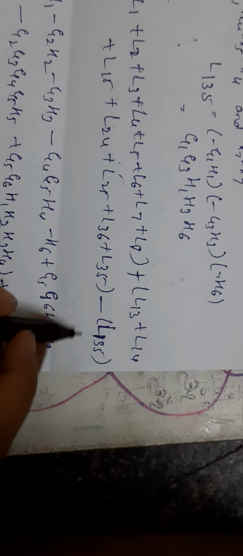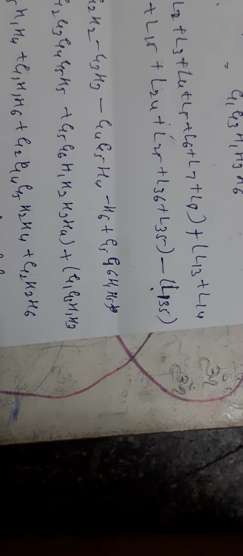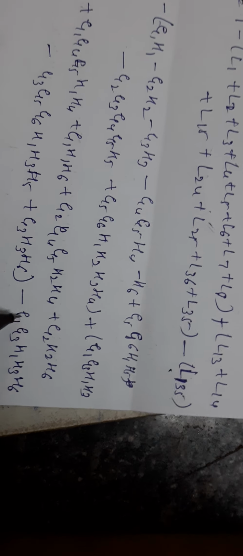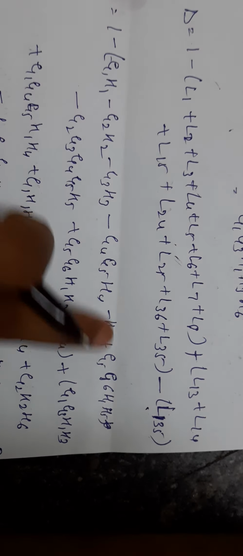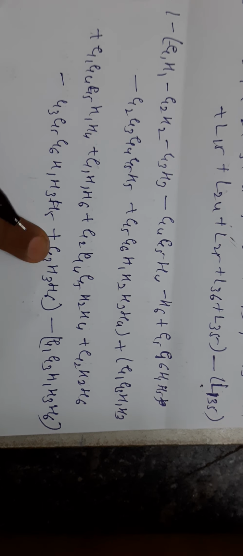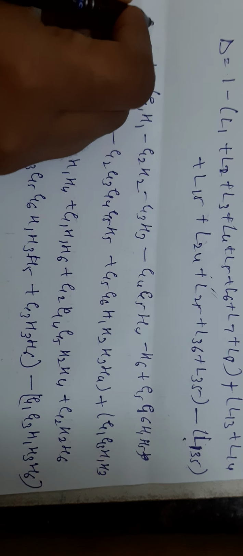Next minus, what is the formula? L135, we have to write the L135 value, that is G1 G3 H1 H3 H6. Okay, this is our delta. 1 minus, we have to write all the values of L1, L2, L3, L4 up to L8. We have to write the 2 non-touching loops, and this is the 3 non-touching loop.